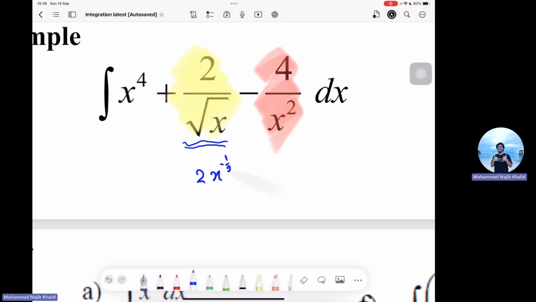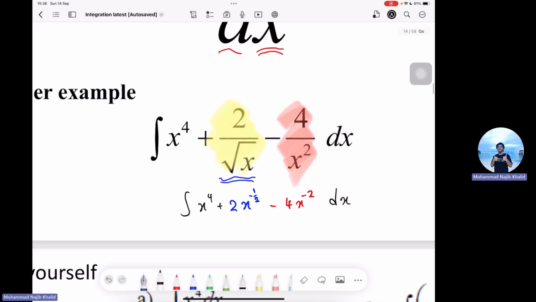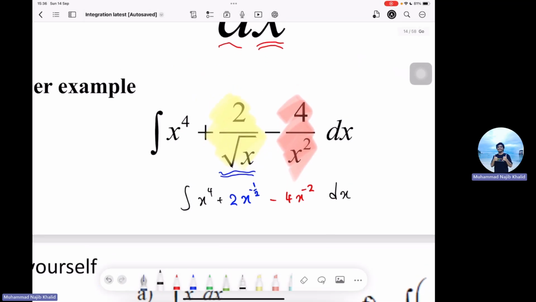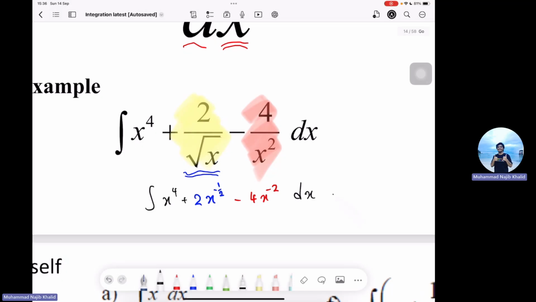Okay, and then the third term can be rewritten as negative 4x^(-2), and just simply copy and bring back the first term x power 4, integral with respect to dx. Alright, so now we have rewritten the equation in the form of ax^n, and from here you can use the formula from the last week lesson.